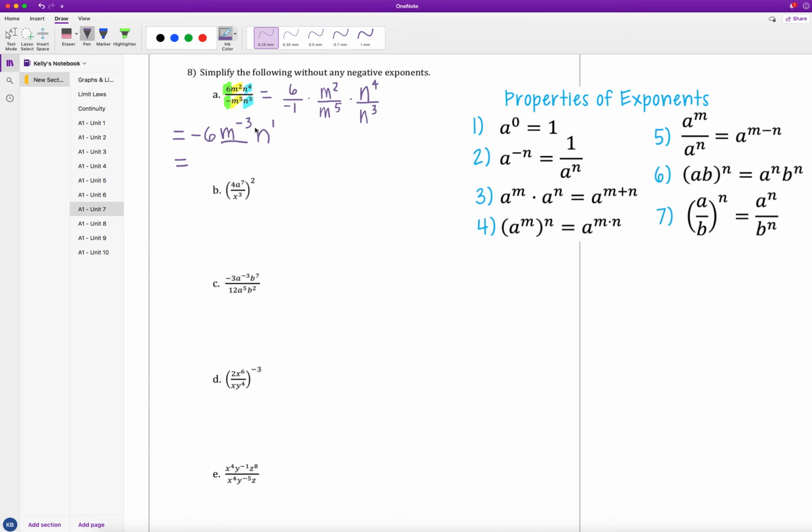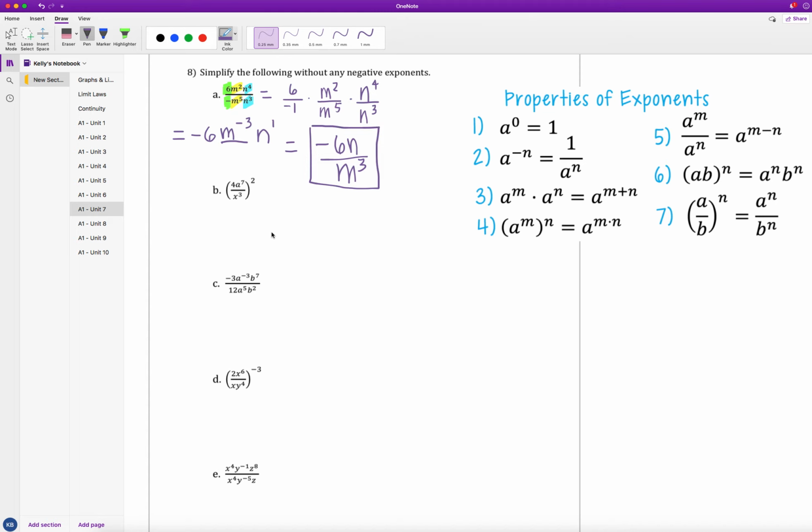We'll just flip the m to the -3rd down to the denominator since that's the only part with a negative exponent. So -6 is a negative number, but its exponent is positive, so it will stay in the numerator. Actually, let me write over to the side so I have enough space. So we'll end up getting -6 times n to the first in the numerator over an m to the +3 in the denominator. And that will be our final answer for example A.